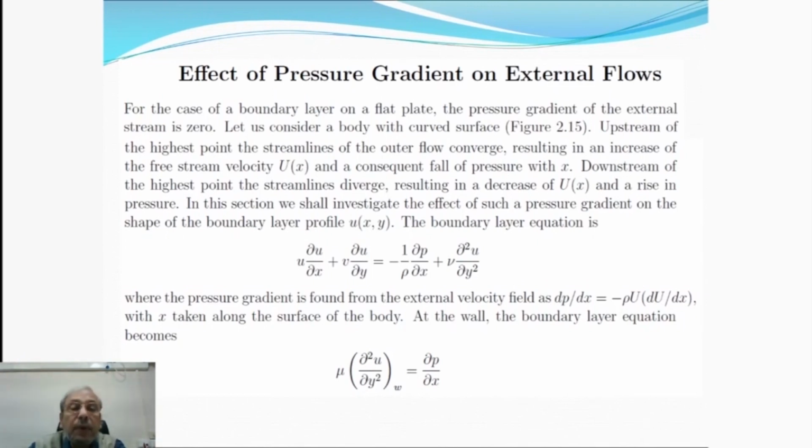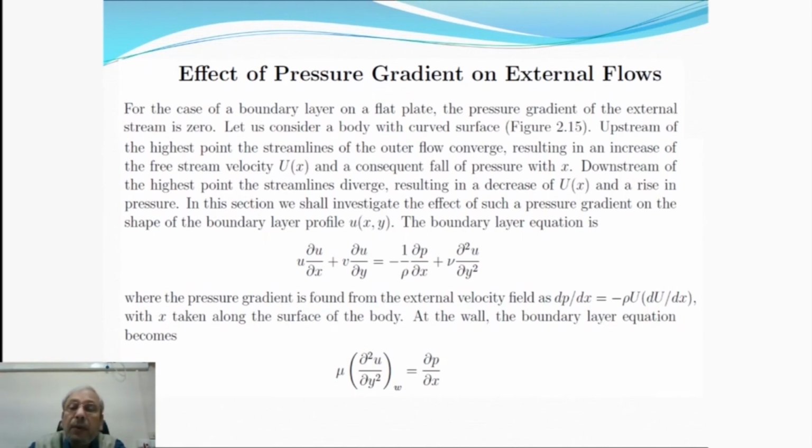Downstream of that highest point, the streamlines diverge, resulting in a decrease in uppercase U and a rise in pressure. In this section, we shall investigate further the effect of the pressure gradient on the shape of the boundary layer profile or the velocity profile within the boundary layer.